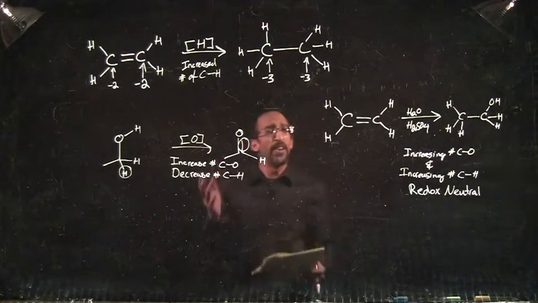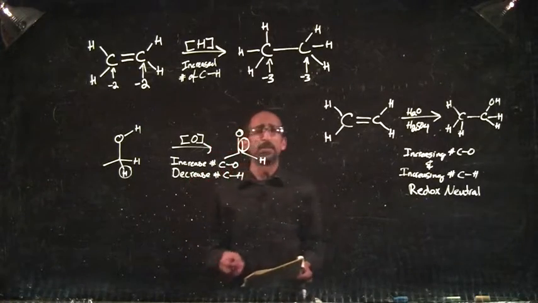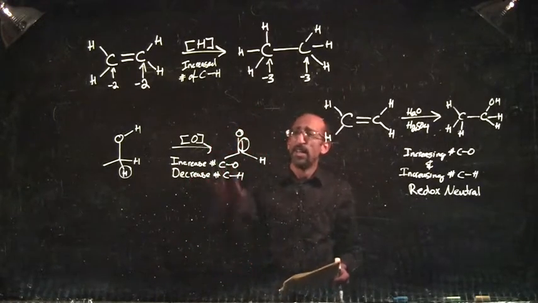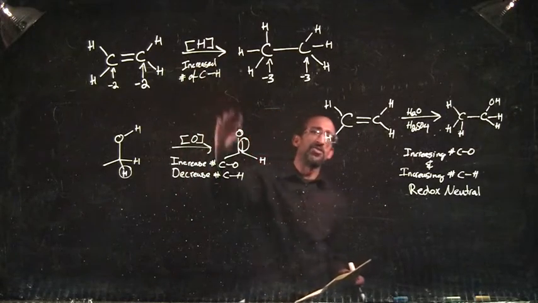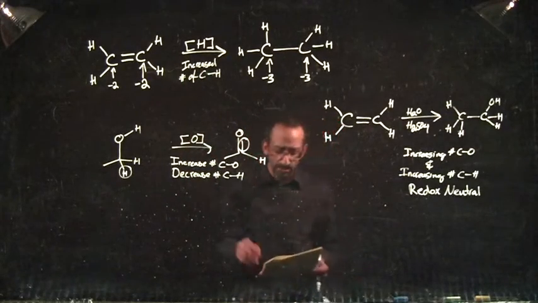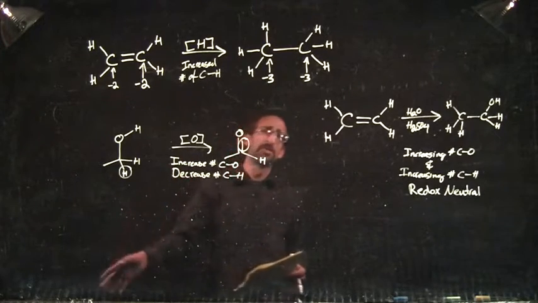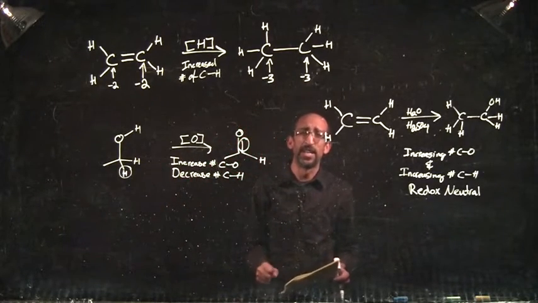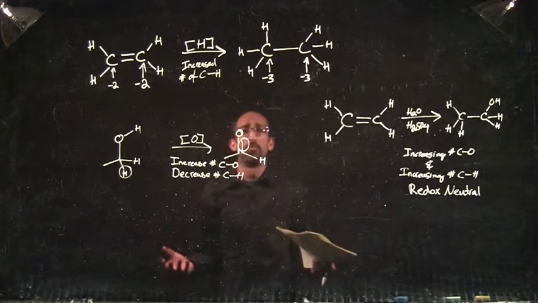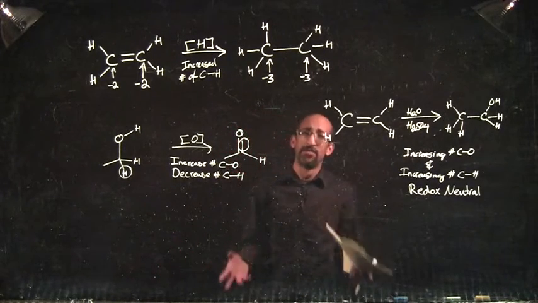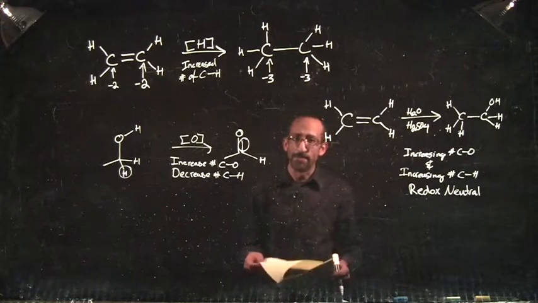So make sure that you're careful in recognizing what is a redox process and isn't a redox process. You can use our organic chemistry shorthand, counting carbon-oxygen, carbon-hydrogen bond changes. But if you're at all confused, use the process shown at the beginning of the video lecture of splitting the bonds, assigning electrons to the more electronegative atom, and determining the true oxidation state.